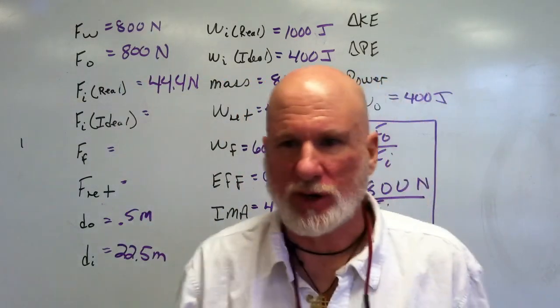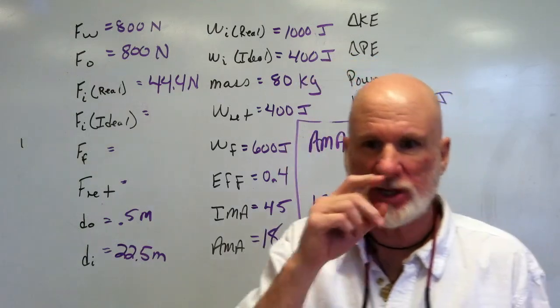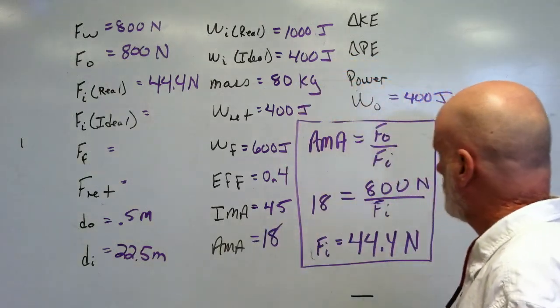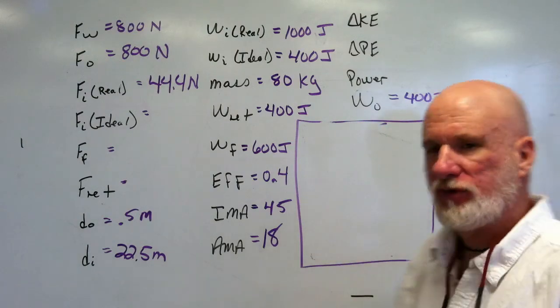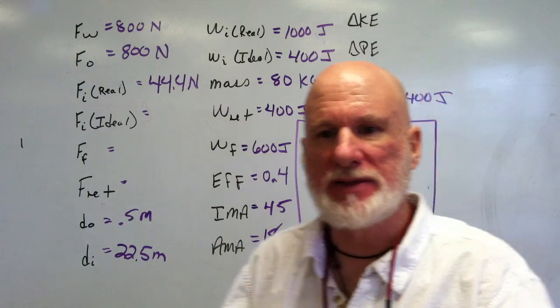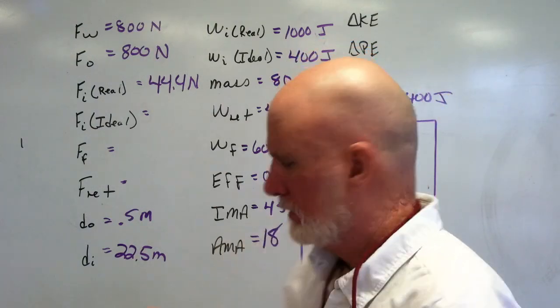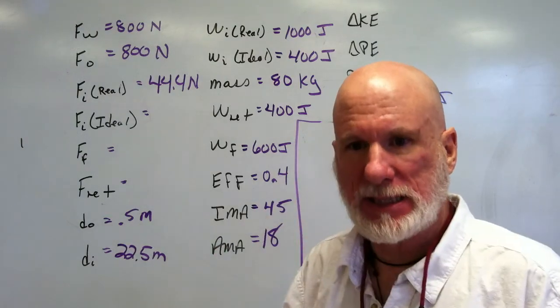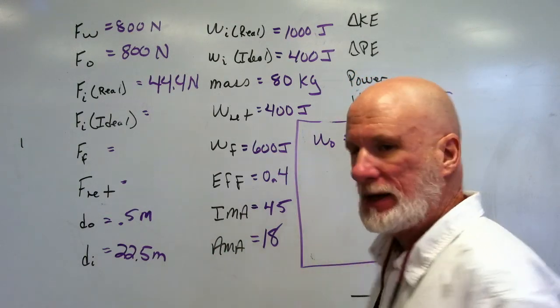Now, what's the ideal force? What did I actually use? What would the ideal force be? Isn't that based on the ideal machine equation? Is it 755.6? Well, let's examine it. I know that work output equals work input, correct?